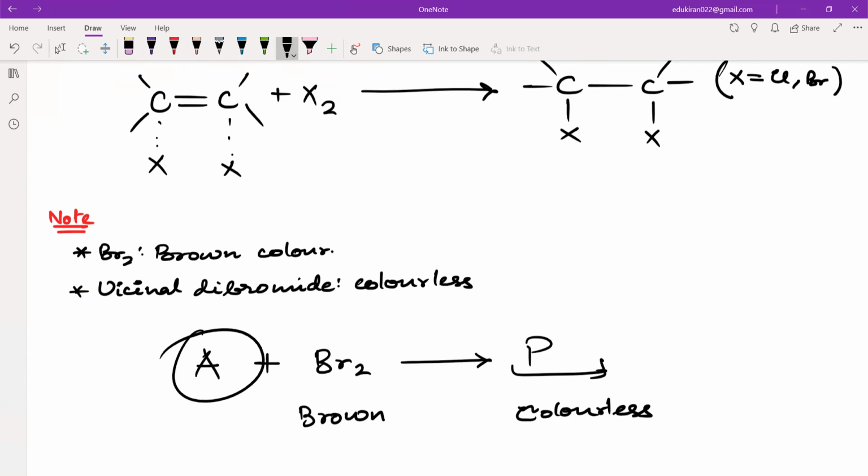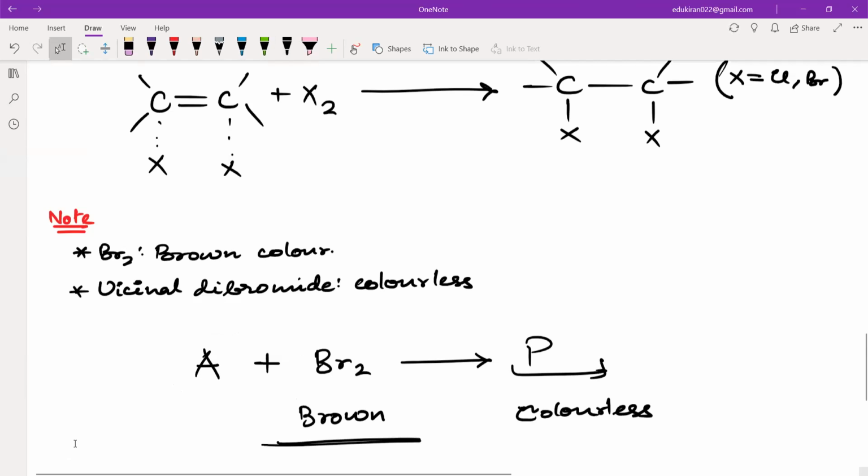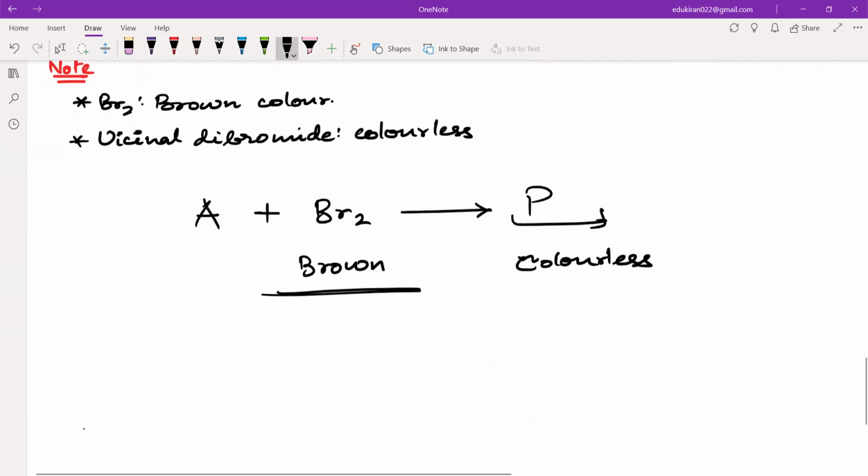That means A had some double bond, yes or no? A had some pi bond and it reacted with Br2, and there was an addition reaction that made the Br2 get completely consumed, and if Br2 was not there, there is no question of brown color either. Yes or no, guys? You understand this detection now?